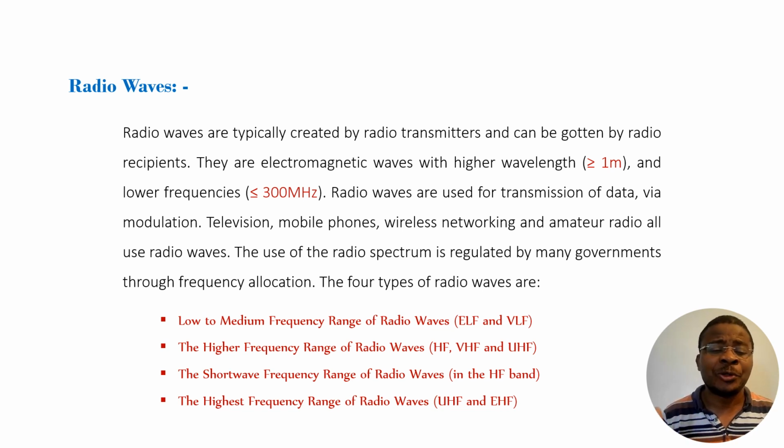We also have the shortwave frequency ranges, which consist of the high frequency band. Then we have the highest frequency ranges of the radio wave, which are made up of the ultra high frequency radio waves and the extremely high frequency radio waves.